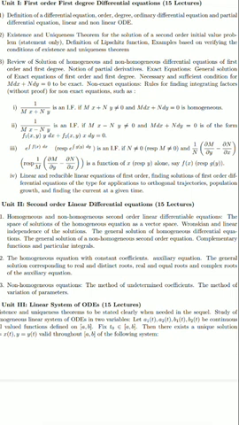Similarly, we have a second integrating factor, e raised to the power integration of g(y) dy, if M is not equal to 0 and 1 upon M into dou M by dou y minus dou N by dou x is a function of y only.